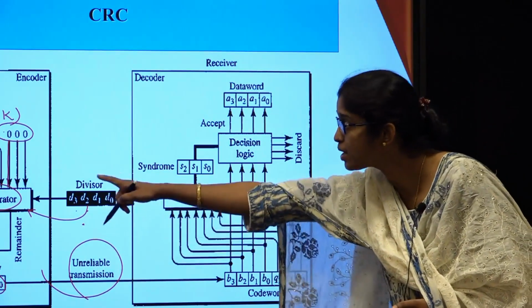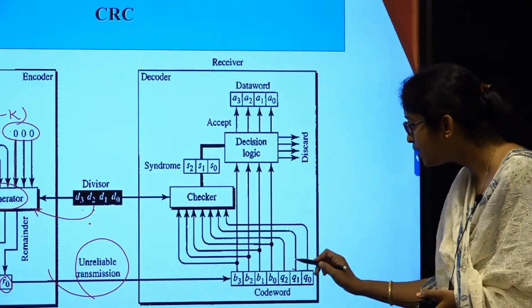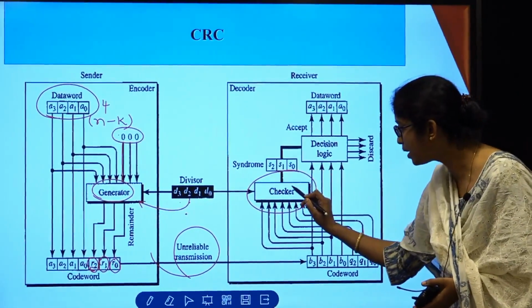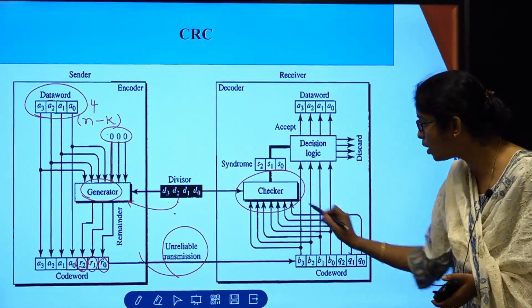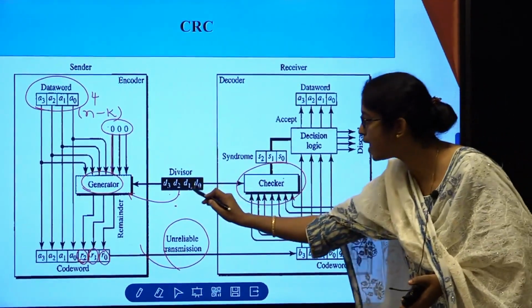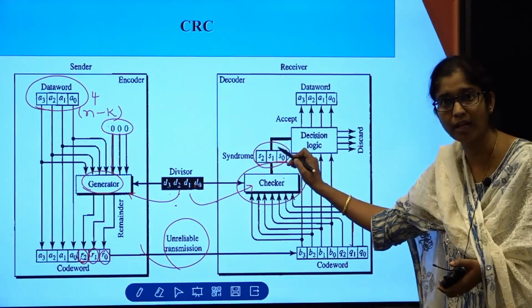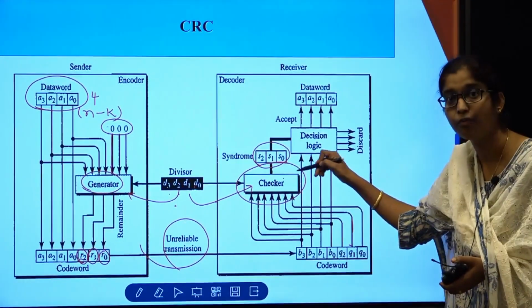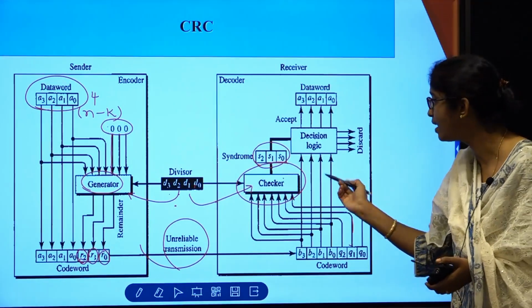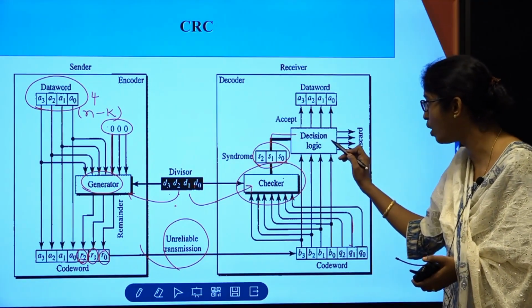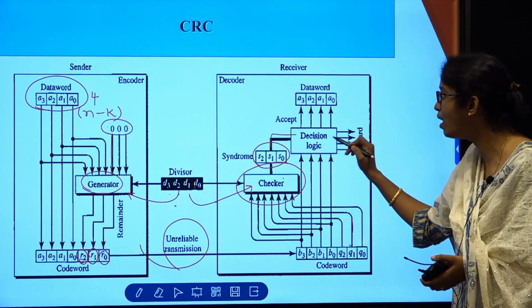The code word which has come from the sender to the receiver is passed on to a checker circuit, where the checker will again divide the received code word with the same divisor and get a syndrome value. This syndrome value is nothing but the remainder I get by the second division at the receiver side. The syndrome is passed to a decision logic which will check for all zeros.